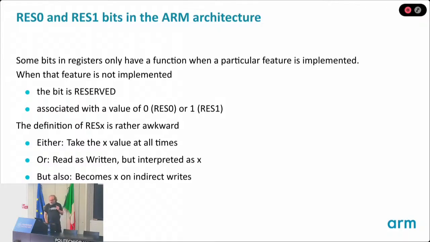Or, alternatively, it can be read as written. You can write any value you want, being 0 or 1. I have no choice. But it's always interpreted as x. And that's if your register is stateful. But also, if you have what we call an indirect write, which is effectively the CPU itself generating that value, or in our case, KVM generating that value in a register, the value must be x.